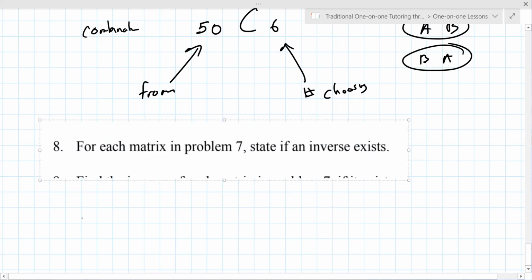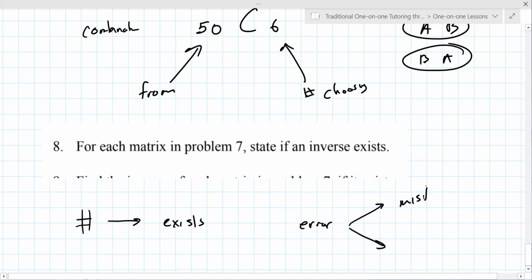If you get a number, that means it exists. If your calculator says error, there are 2 possibilities. You made a mistake in entering it, or it actually does not exist. So make sure there was no mistake in entering it. And then if you get an error, that means it does not exist. Gotcha. That's easy.